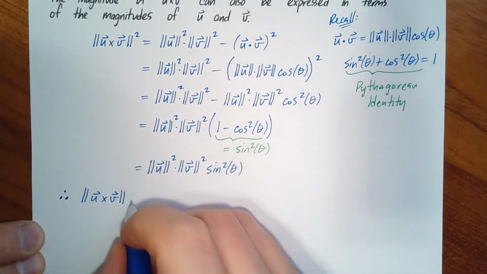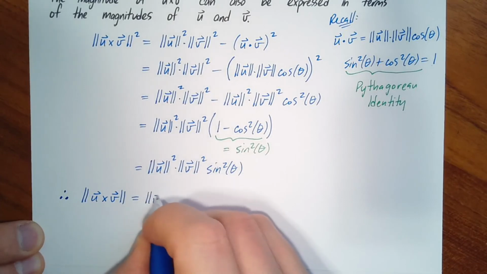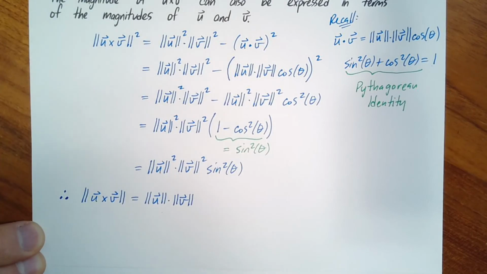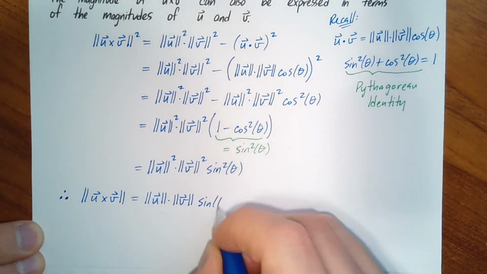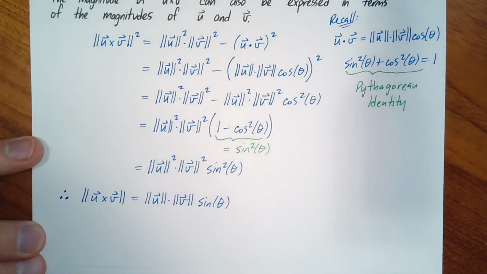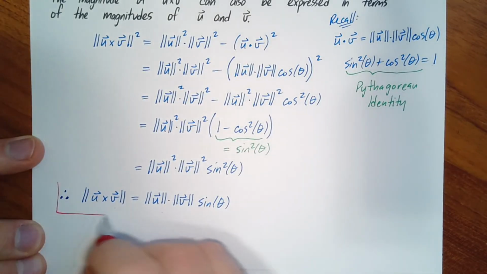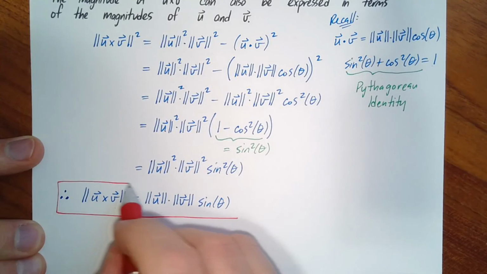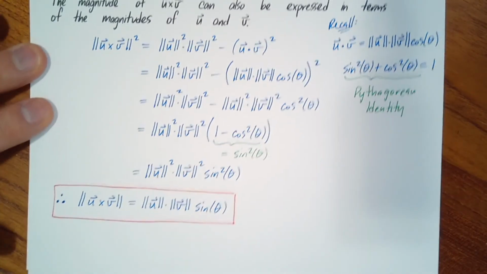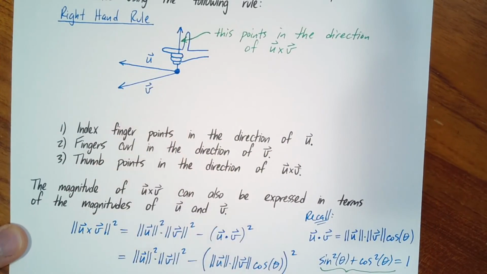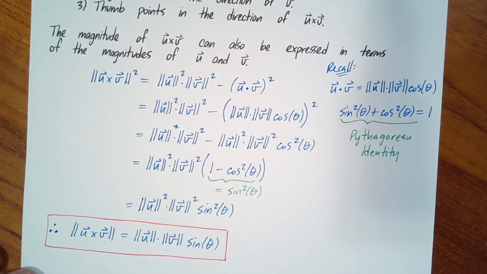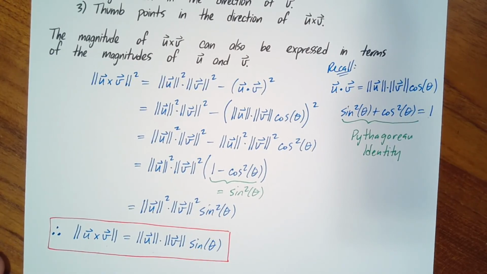So I'll just get the norm of u times the norm of v times sine of theta. We do still have to have that theta as part of our formula. We can't escape that. The orientation of the vectors u and v, in the sense of the angle that they form when you draw them in this fashion, plays a role in determining the magnitude of u cross v.